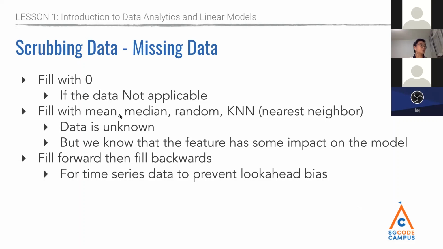Also, you can fill with mean, median, random, or KNN, which means K nearest neighbor. This is the most sophisticated model, a model that we use to fill in the missing value. Say, suppose I'm filling in the missing column, which is the age. Then I will look into those rows that are similar.